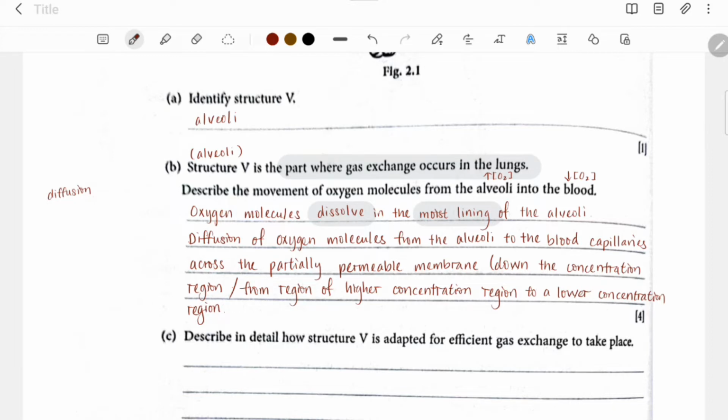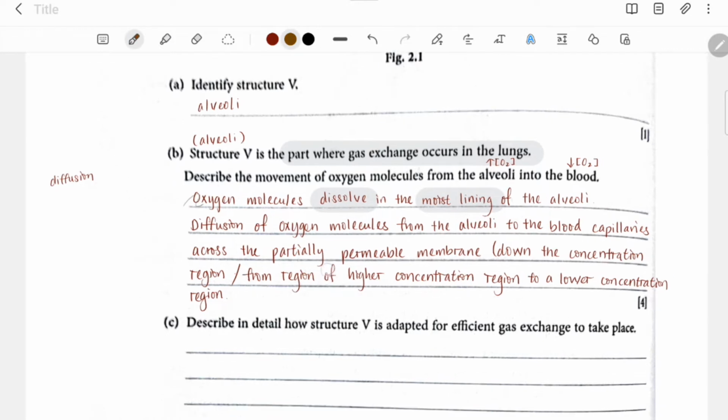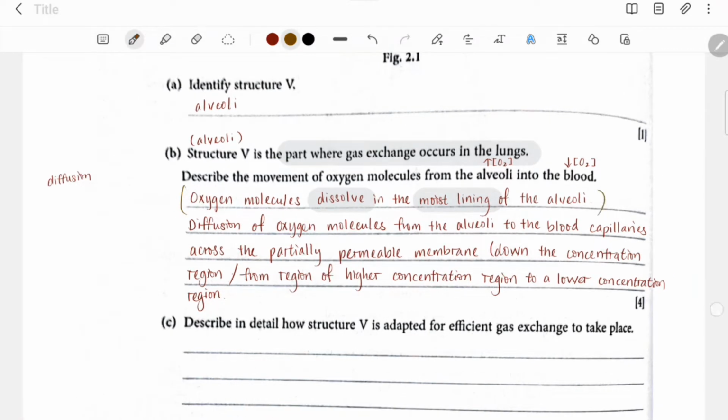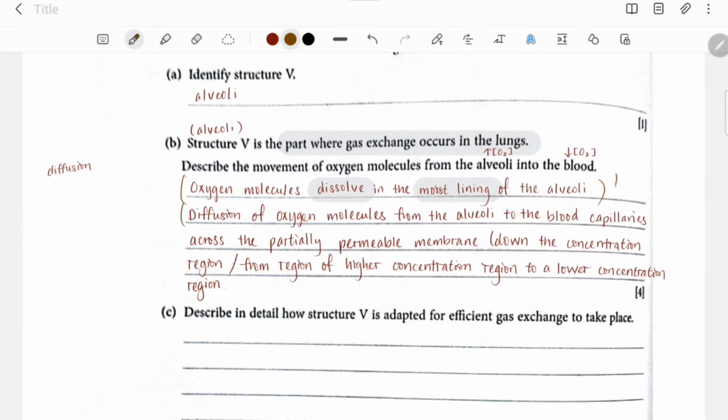Okay, so for this one, first point is at here. This one is your first mark lah. And then your second mark is diffusion from where to where. Second mark. And then across partially permeable membrane. Third mark.